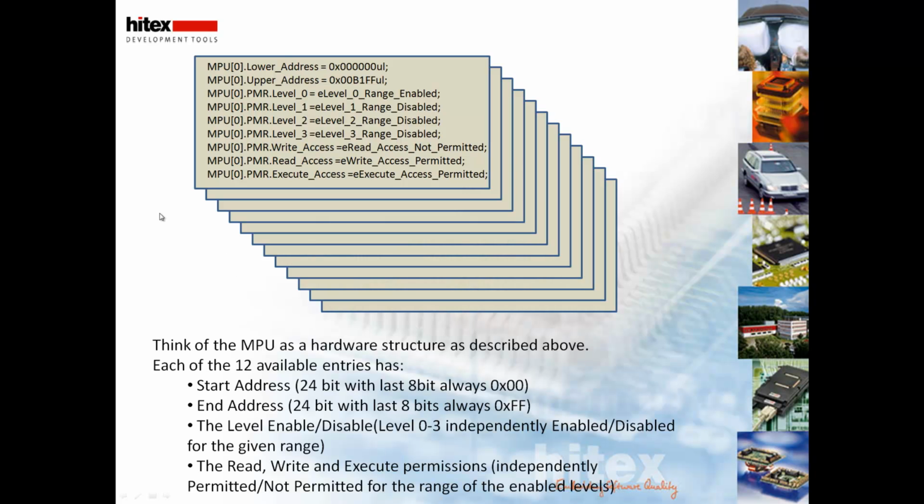The memory protection unit on the XC23XX family of microcontrollers from Infineon is quite a flexible peripheral and allows you to select a range of addresses which can be protected under the memory protection scheme. The scheme allows you to select an address which has a lower limit and an upper limit.